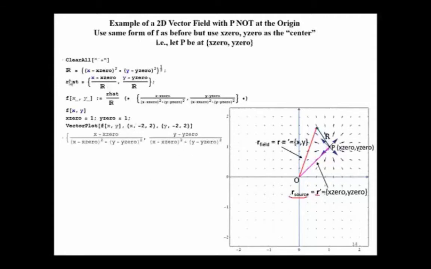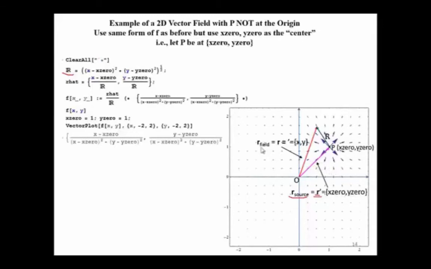What we do here is we define a new quantity, which is capital R, and this is the distance away from the source point. So now in terms of vectors, we have a source point, which is this one up here, which we define in terms of this r prime. So the source point is at this x0, y0.